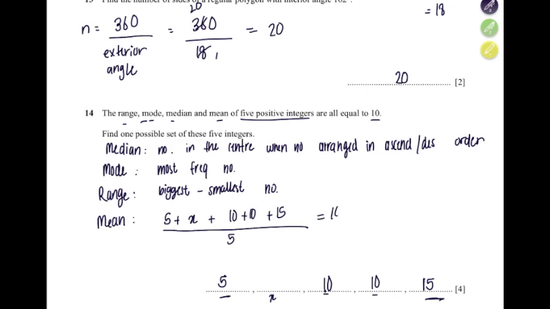This is supposed to equal 10. 10 times 5 is 50, equals 10 plus 10 is 20 plus 15. This is going to be 40 plus x. X is 50 minus 40, which equals 10. So the number is again 10.